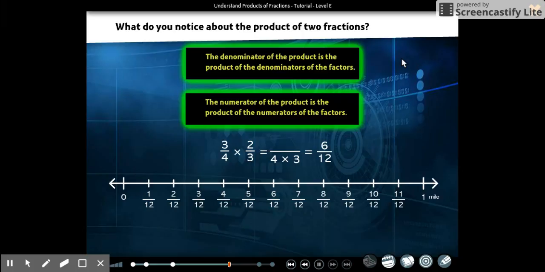And then we shaded 6 of those parts, which is 3 times 2. So 3/4 times 2/3 equals 3 times 2, divided by 4 times 3, or 6/12. I gotcha. So the denominator of the product tells us how many equal parts the whole is divided into.